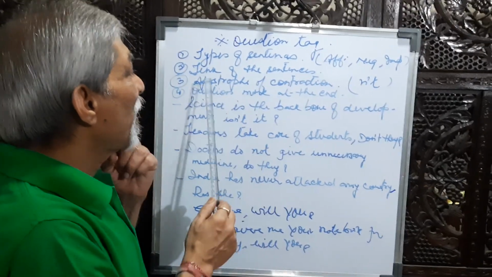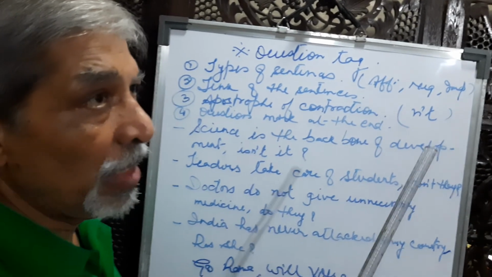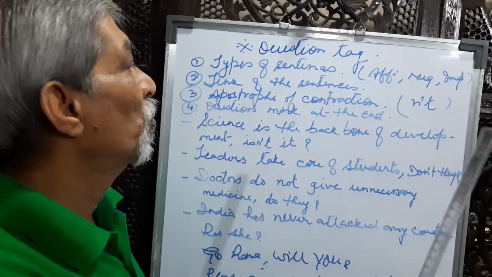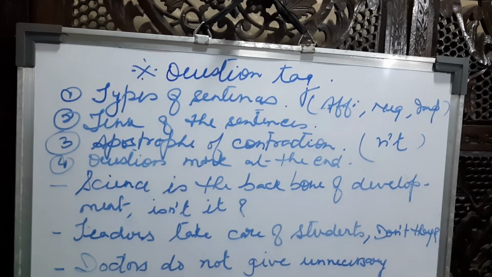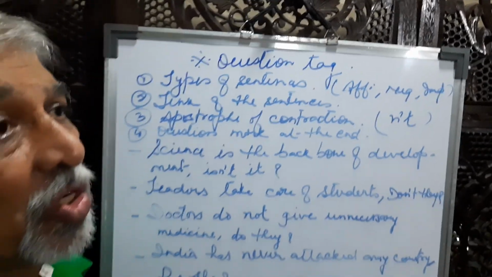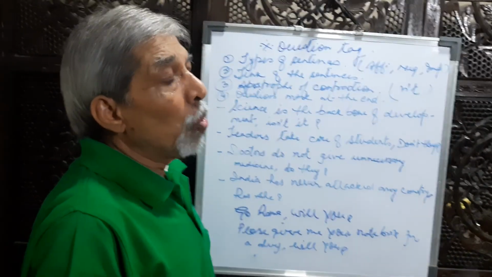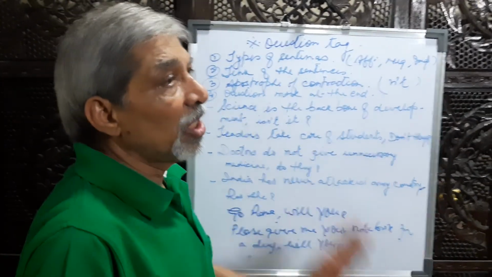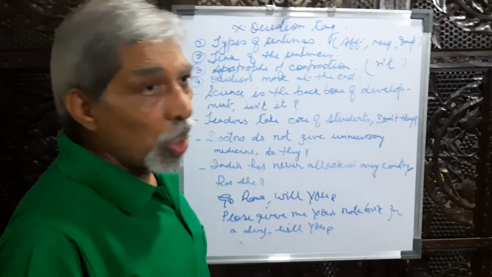So the second point is the tense of the sentence, which we have to recognize to determine what auxiliary verb we are going to use. Third one is apostrophe or contraction. In case of a negative sentence, we only use the auxiliary verb, so contraction is not used.